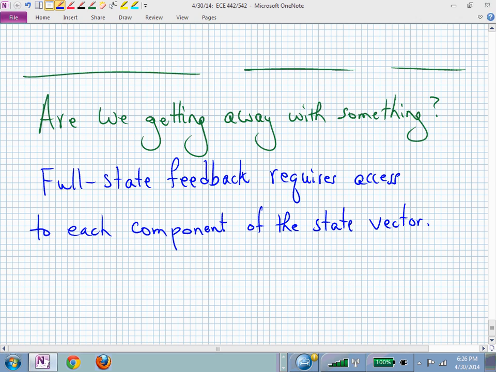So if you compared this with constant output feedback, this is constant full state feedback, but now if you have a second order system, you have two linearly independent variables that you can adjust, whereas in constant output feedback, you just had one, and the closed loop poles always lived on the root locus. Now, if your system is completely controllable, you can put them anywhere you want in the unit circle by the appropriate choice of these gains.